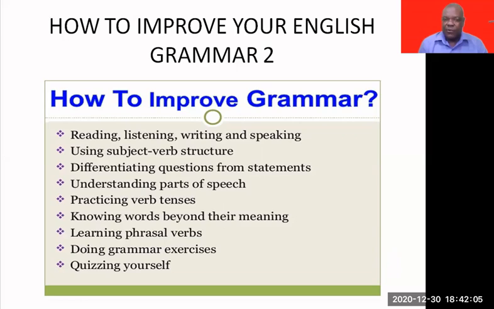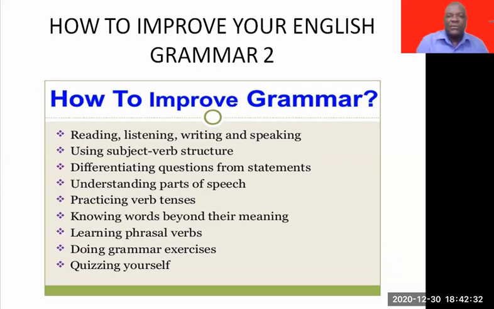Even if we look at how you acquired your mother tongue from infancy, you discover that, of course, you started with listening, and then followed by speaking. As an infant, you grew up listening to people speak in your environment.